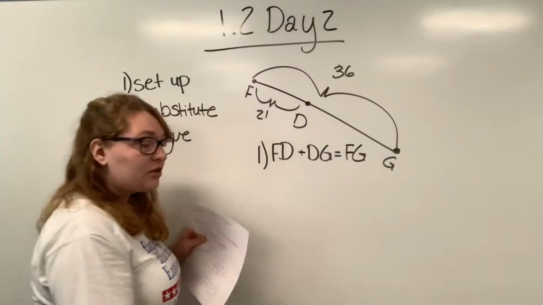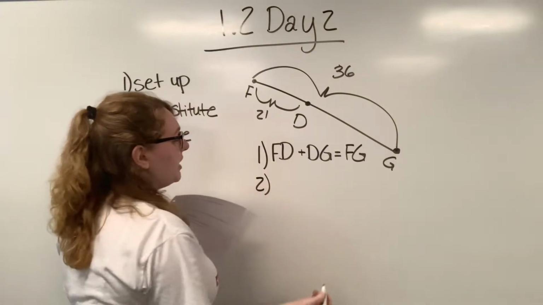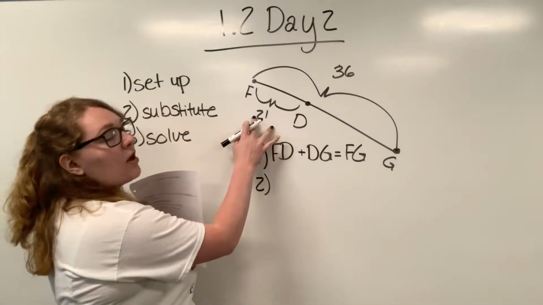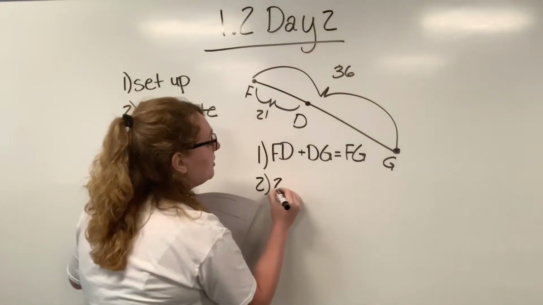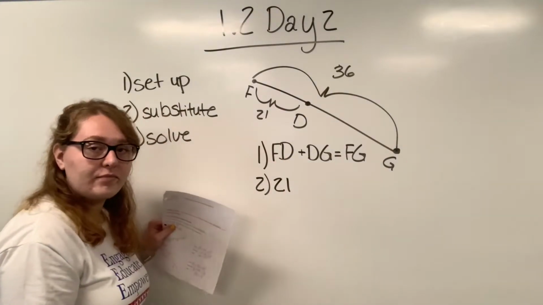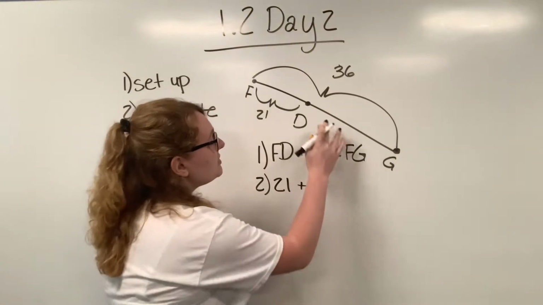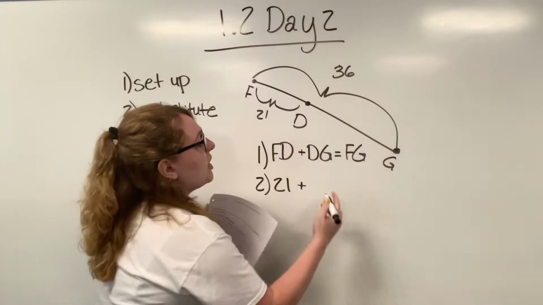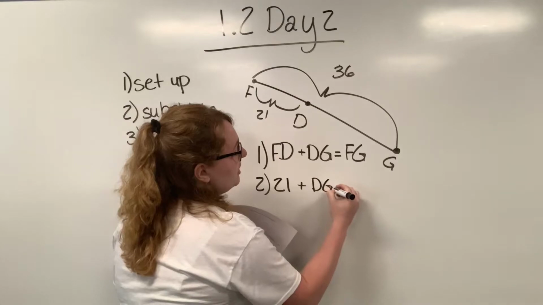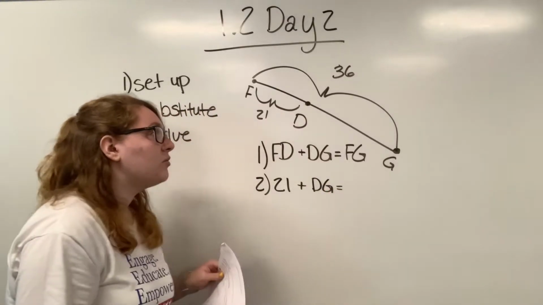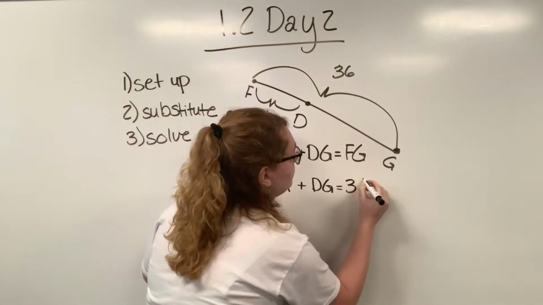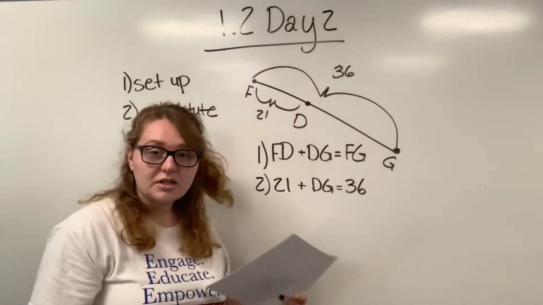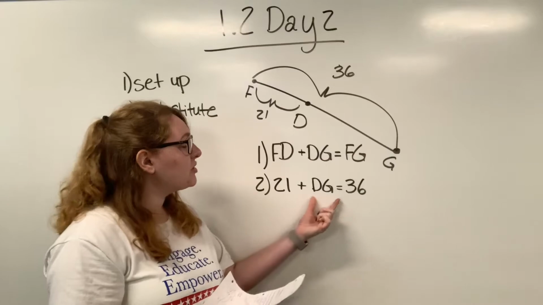Okay, so step 2, we have to substitute in what we know. We know that FD is 21, so instead of writing FD, I'm gonna plug in 21. Plus, we still don't know what DG is, so I'm just going to leave that as DG. Equals FG, which we know what that is, it's 36. So just like we did in algebra, this is our variable.